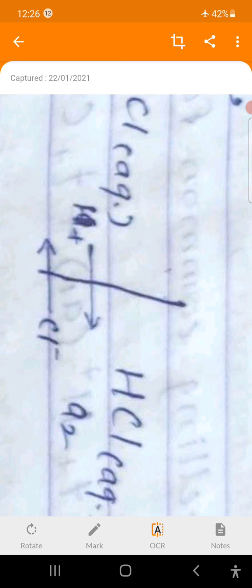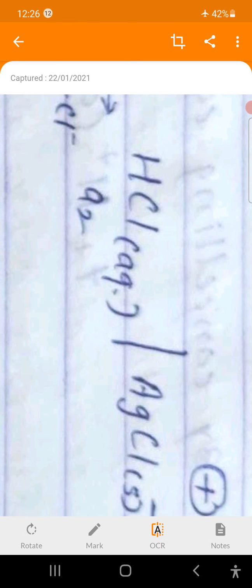At the same time, what happens at the right hand side because of reduction?